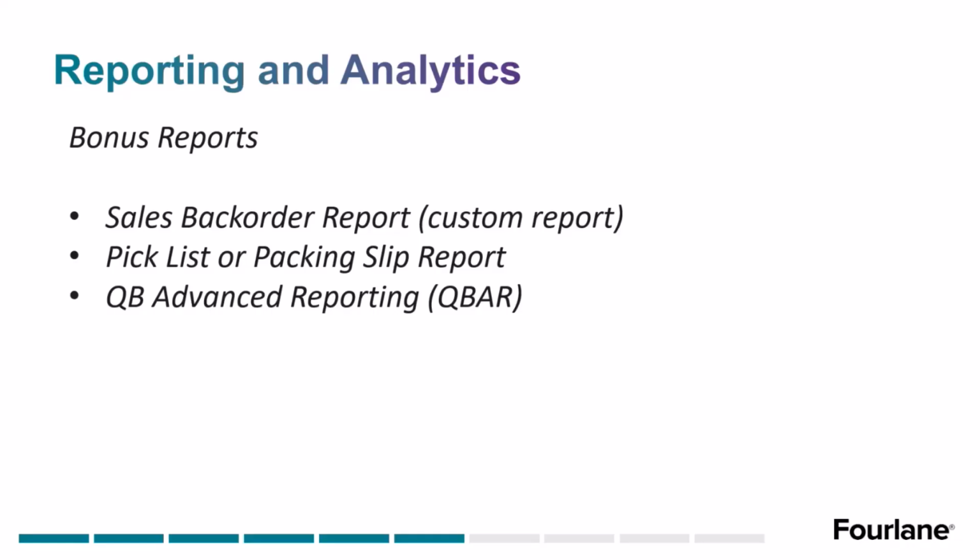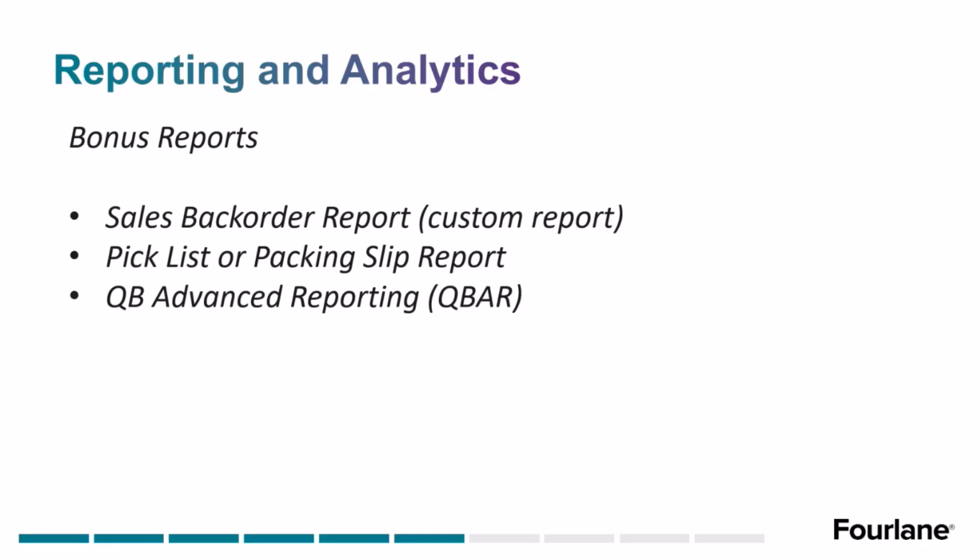And then, like I'd mentioned, for the commission reporting, that would be done through a custom QuickBooks Advanced report, or QBAR, as we like to call it. You can build sales rep commission calculations into the report. So if they're paid on commission percent, it'll actually run those calculations for you.